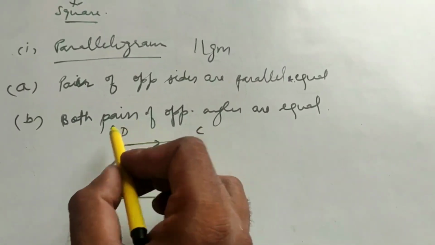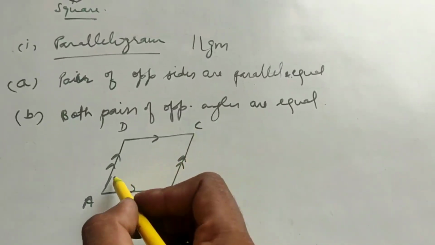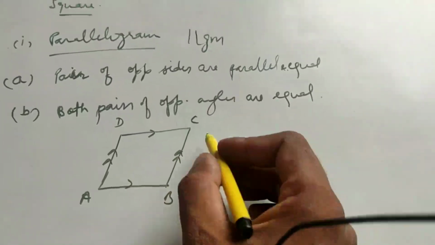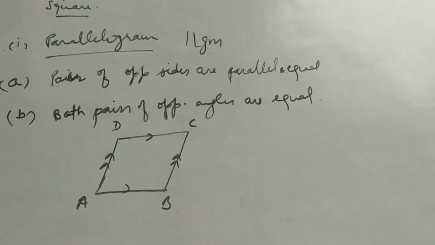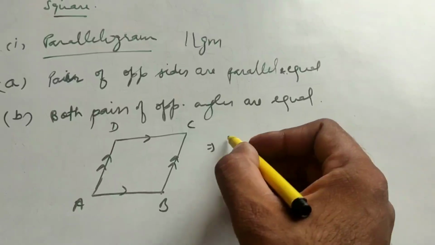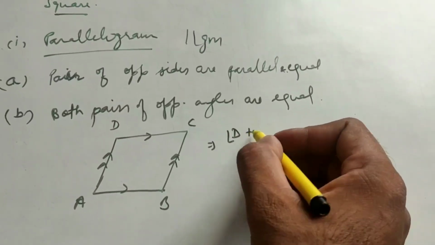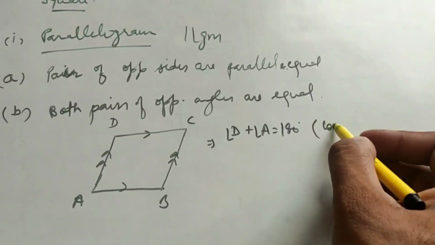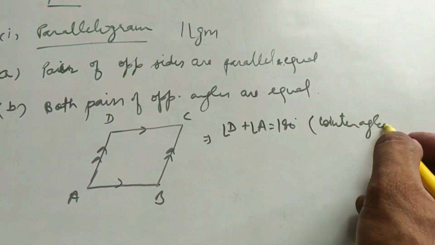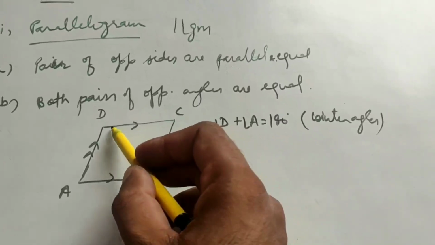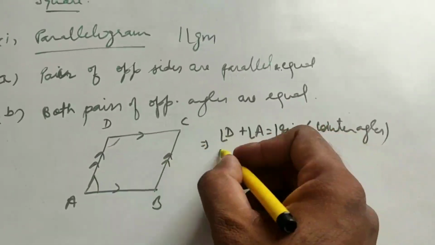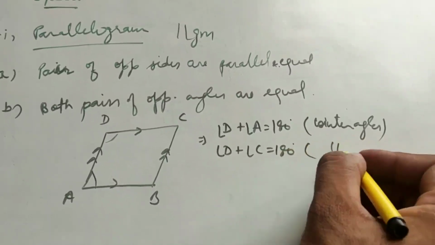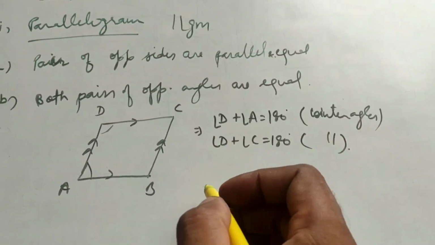Next we have both pairs of opposite angles are equal, means angle A will be equal to angle C and angle D will be equal to angle B. How? We can clearly see that angle D plus angle A will be 180 degrees, because these are co-interior angles, D and A. Similarly, D plus C will be 180 degrees, again because these are co-interior angles.